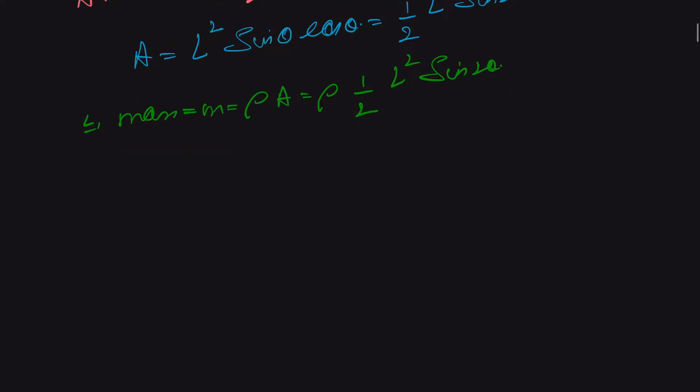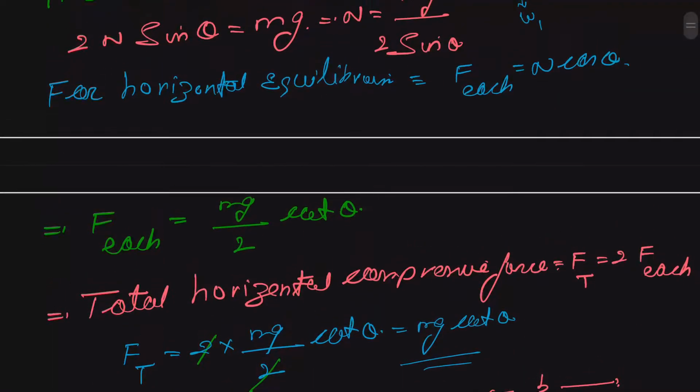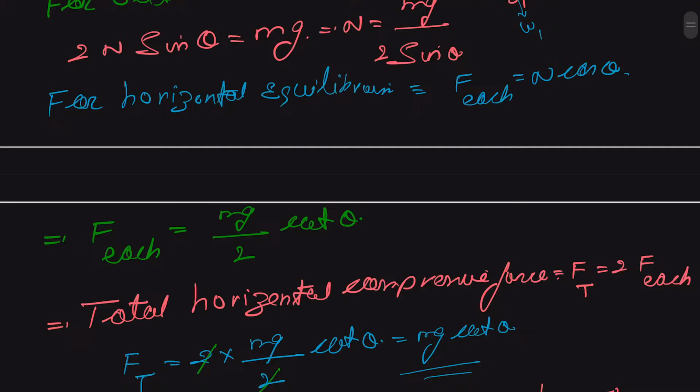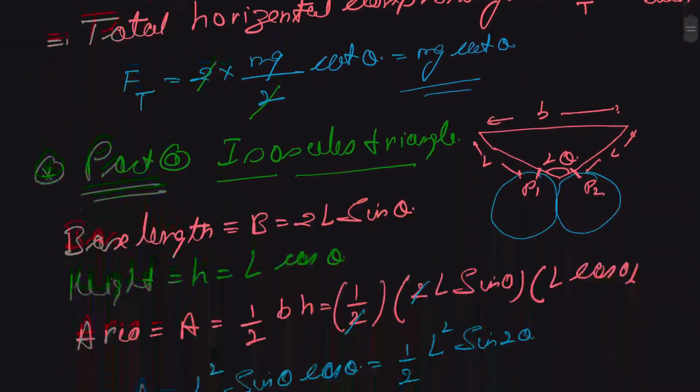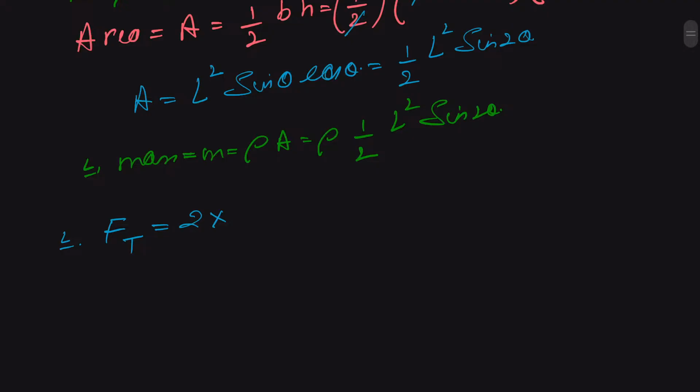Therefore, we can say that our F total will be equal to twice, and we already know it is given as mg cot of theta. So we can substitute this m, which is our rho 1 by 2 L square, and let me open this again.